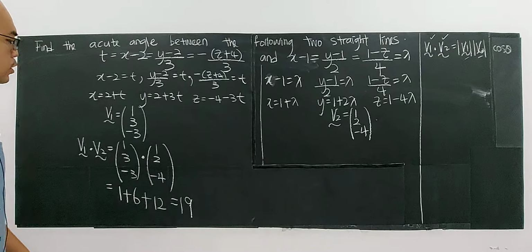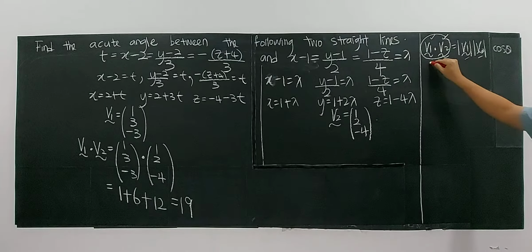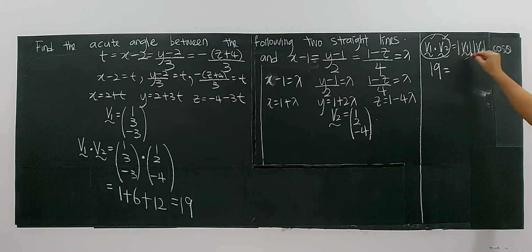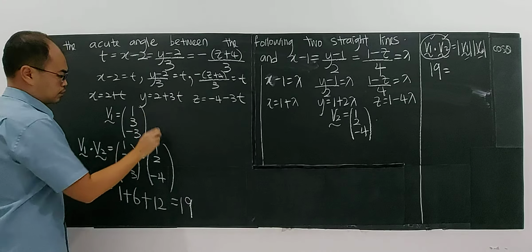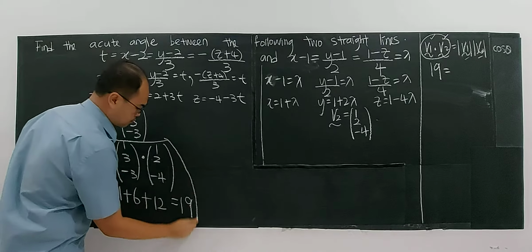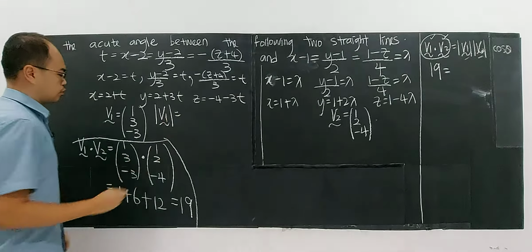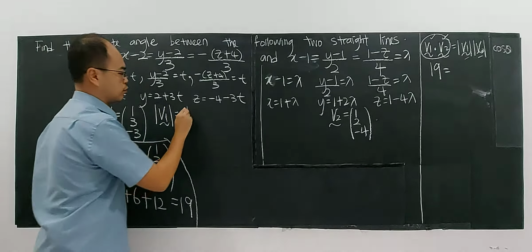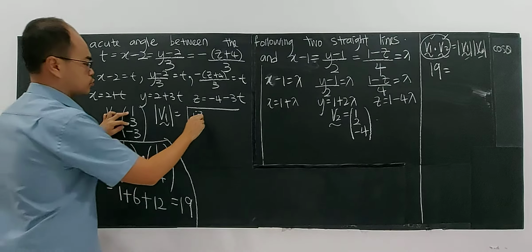Based on the formula, the dot product value you already know is 19. Now, how to find the magnitudes? The magnitude of V1 is the square root of 1 squared plus 3 squared plus negative 3 squared. Each component, you square.